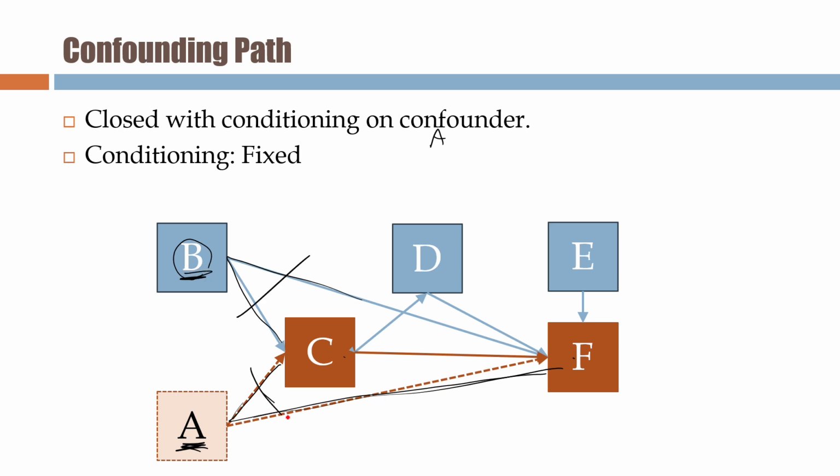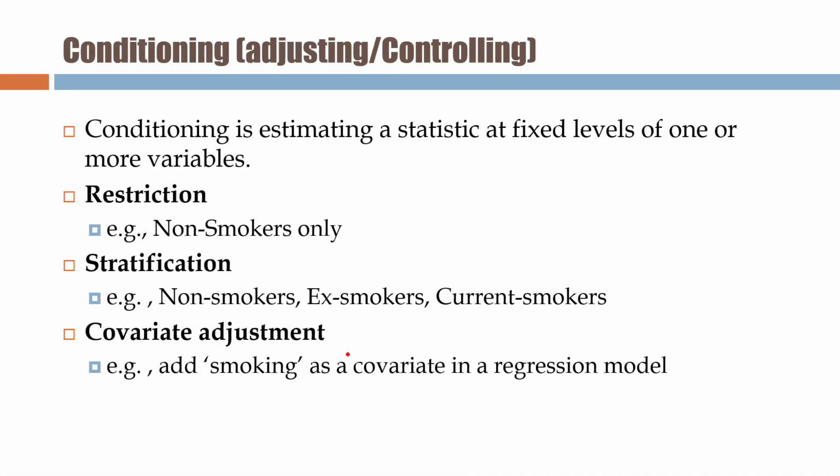Even after cutting off all the confounding effects, if C still has a correlation with F, then we can say C causes F.